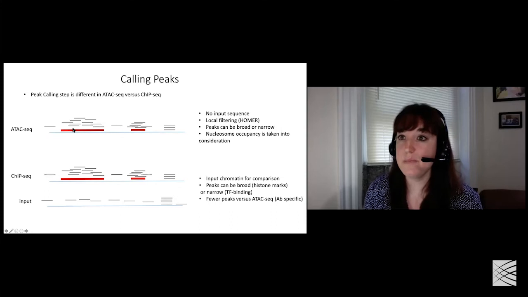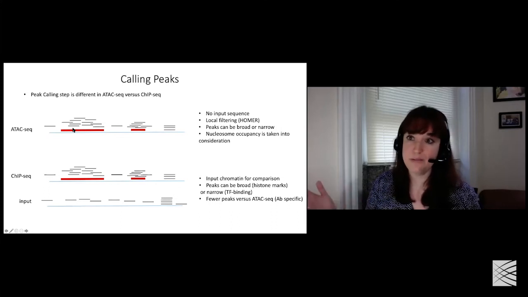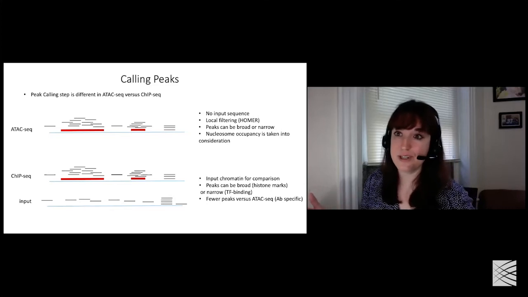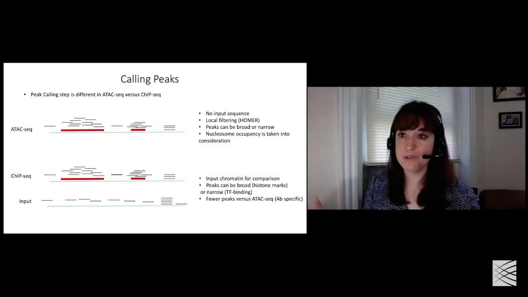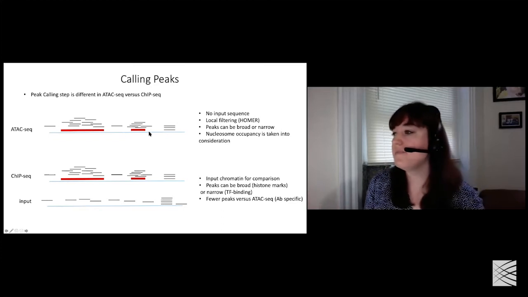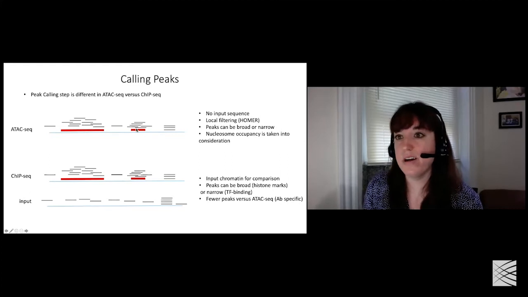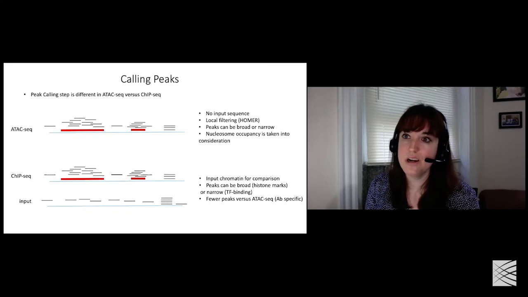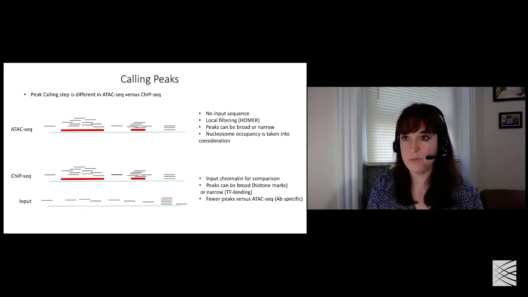Peaks can be broad or narrow. They can be broad if you have a whole region, a whole gene that's open and actively being transcribed. The regions around the promoter are generally very open, so you're going to get a lot of reads there. They can also be narrow because you have maybe a transcription factor bound at an enhancer element, and that's going to be a much smaller stretch of DNA.